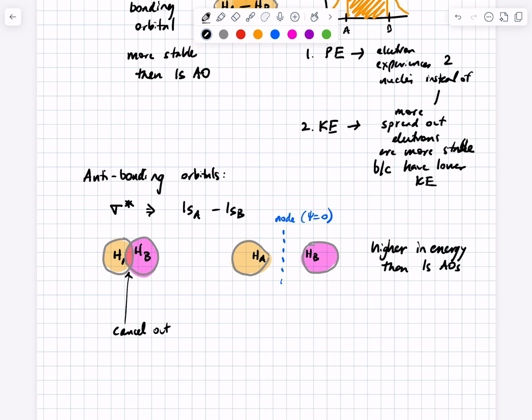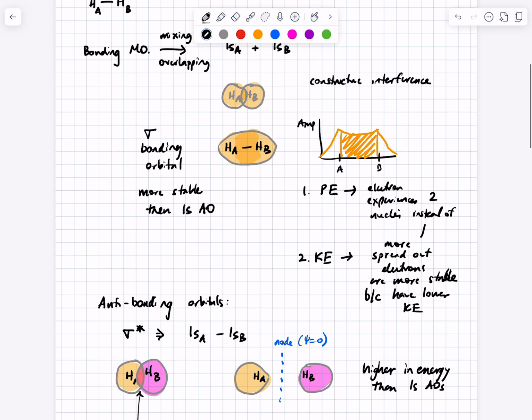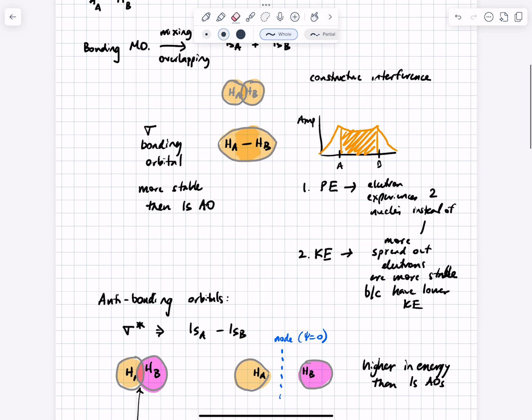What is an antibonding orbital? It is simply a higher energy state that an electron could adopt. Both the bonding orbital and the antibonding orbital, both the sigma and the sigma star, are solutions to the Schrodinger equation for the hydrogen molecule, and one of them is lower in energy than the other.